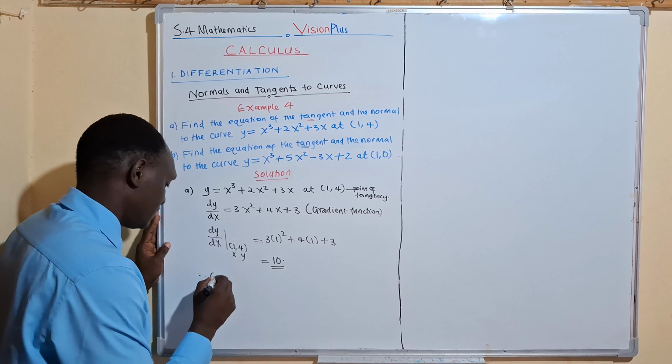The tangent is a line, therefore y equals mx plus c. Then we substitute. Our y is 4 equals m is 10 times x is 1 plus c. Then we get c. Our c here becomes negative 6. Remember, c is the y-intercept.